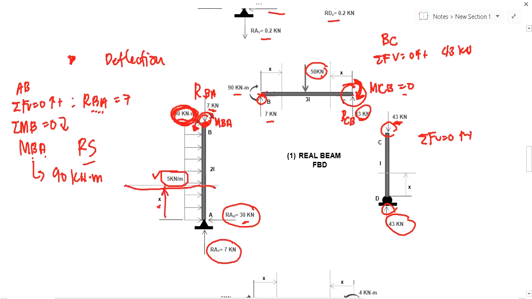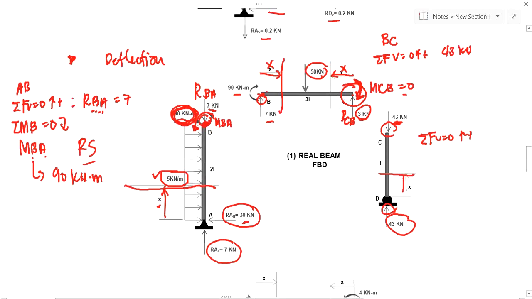Okay? For BC, we have a change in load after 2.5. Okay? So, we have a change in load of 50. So, our segments here are two. Okay? I take my origin at B and I take the other at C. Okay? So, that is our segment. And of course, at D. Okay?